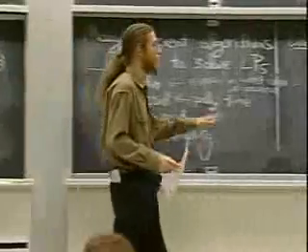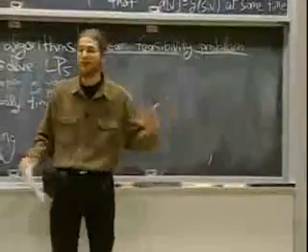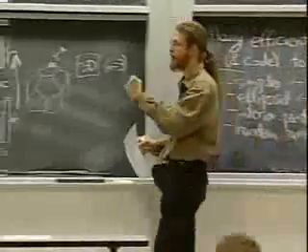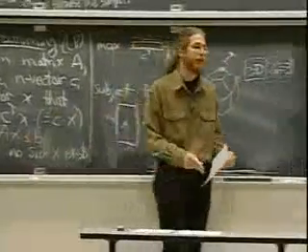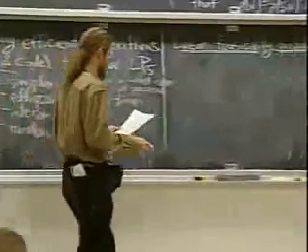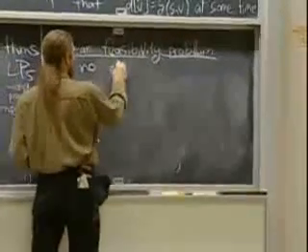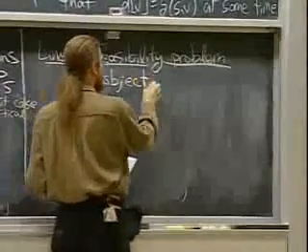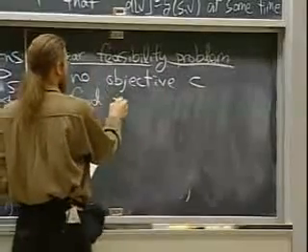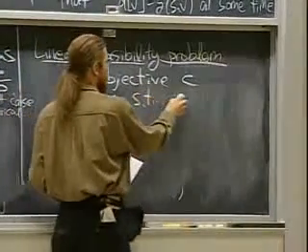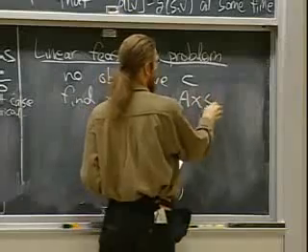In a feasibility problem, I just want to know, is the polytope empty? Can you find any point in that polytope? Can you find any set of values x that satisfy these constraints? Okay, so there's no objective c, just find x such that Ax is less than or equal to b.